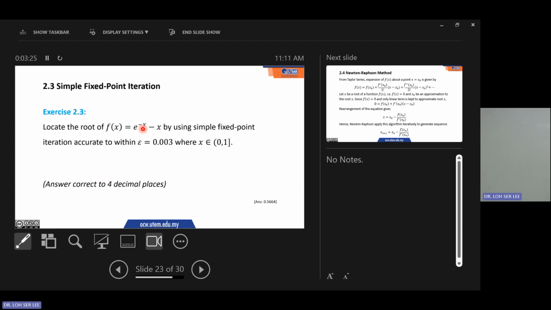Then you have to present your answer in 4 decimal places. From here, the simplest one, your x can be e negative x.